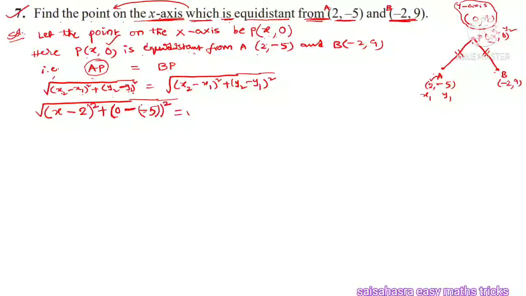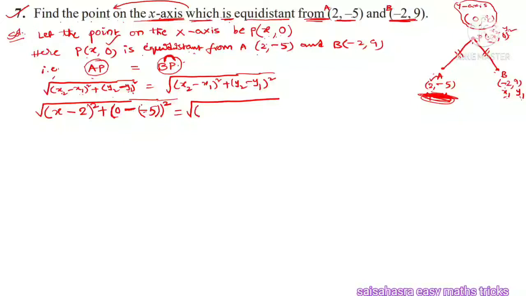Next, when you are finding BP distance, B will be x1 y1, P will be x2 y2. You can forget about this A point now; A point work is done. Now B and P are required for us. B is (-2, 9), that is x1 y1, and P is (x, 0), that is x2 y2.